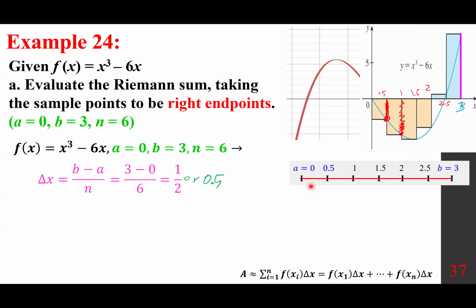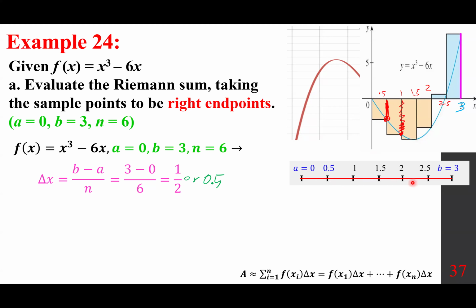Now, if we are going to go with the left endpoints, we don't use b. If we are going to use the right endpoints, we don't use the first one, a. So we're going to start with 0.5. So f of 0.5, for this one is f of 1, for this one is f of 1.5, and then f of 2, f of 2.5, f of 3.